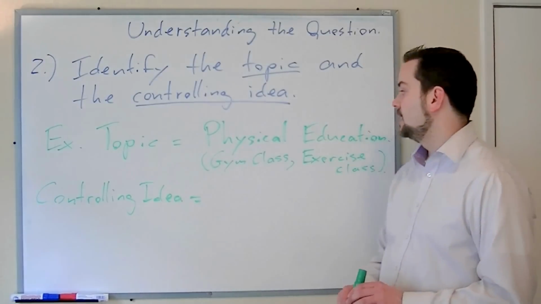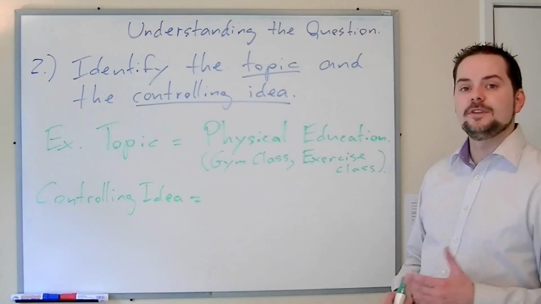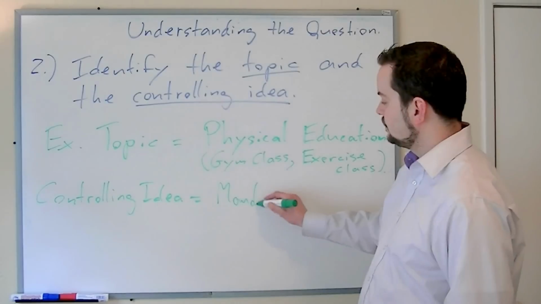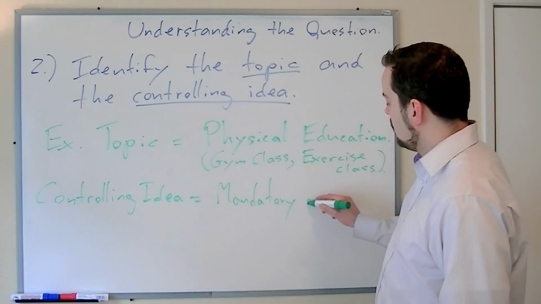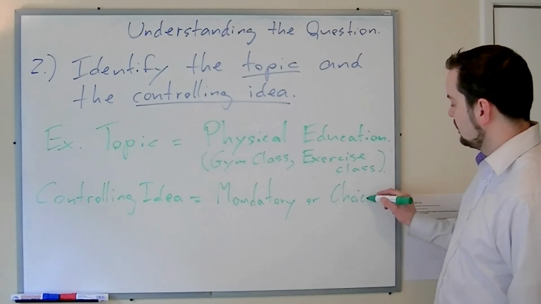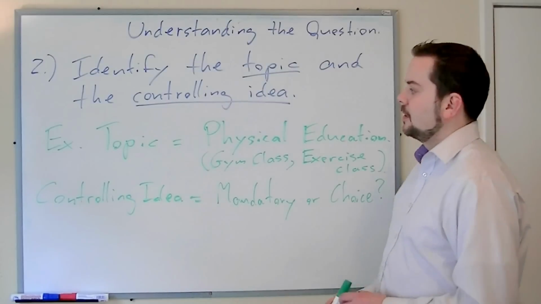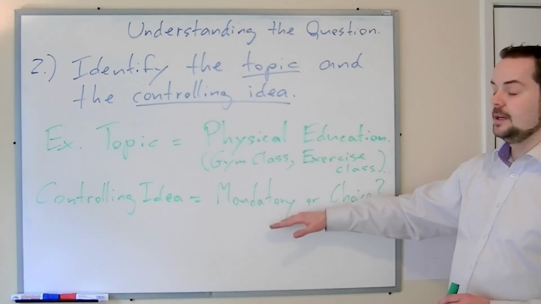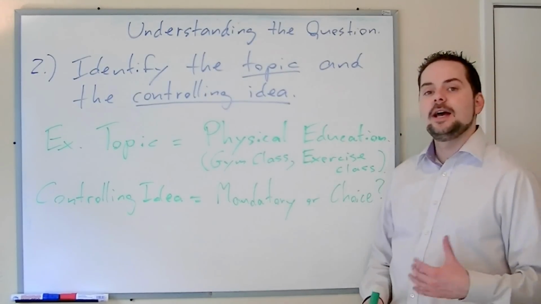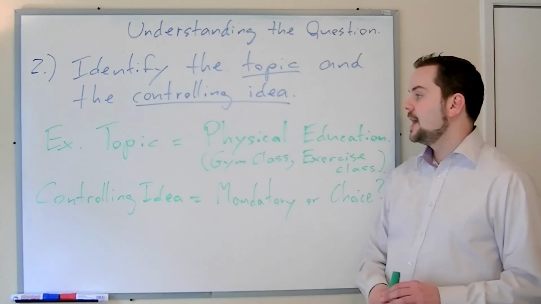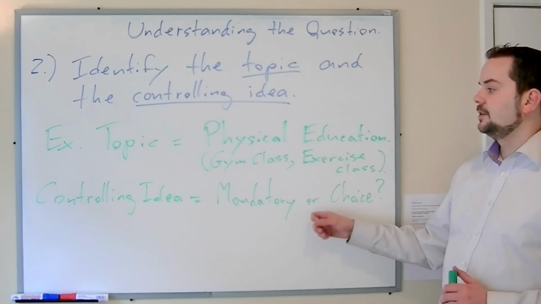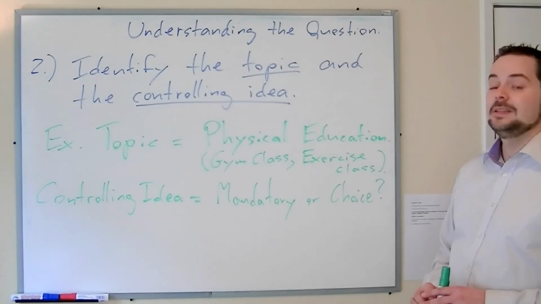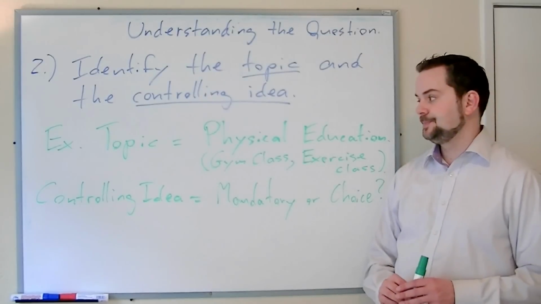And this is the controlling idea for the topic of physical education. So controlling idea, mandatory or choice. Okay, now when you identify the topic and the controlling idea of the question, then you can ask some questions connected to the topic and connected to the controlling idea, and this will take us into the planning part of this lesson.